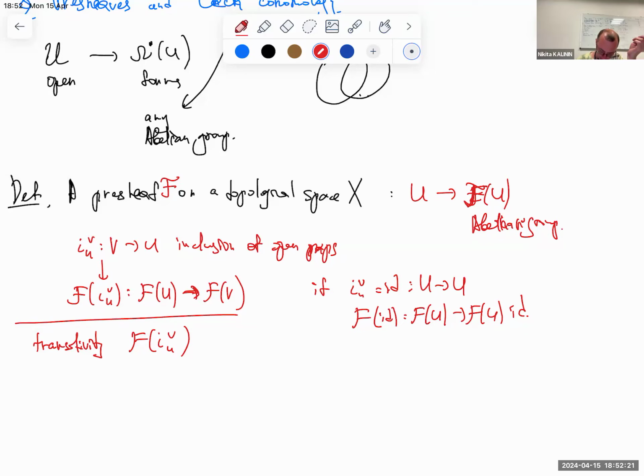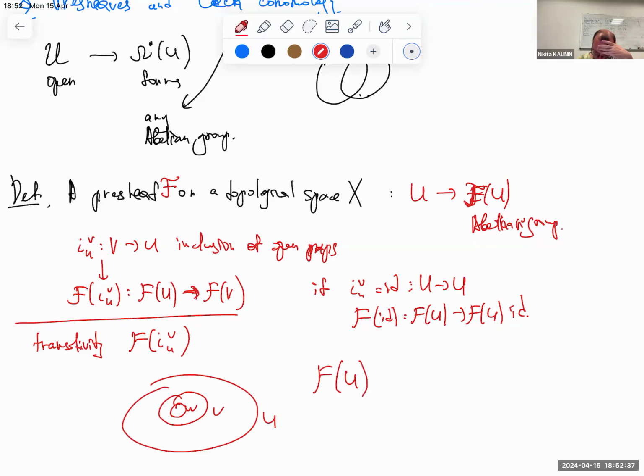Here we have U, here we have V, and let's say you have a W inside. There is an abelian group associated to U, one associated to V, and one associated to W. And we must have that the composition is equal to this one.